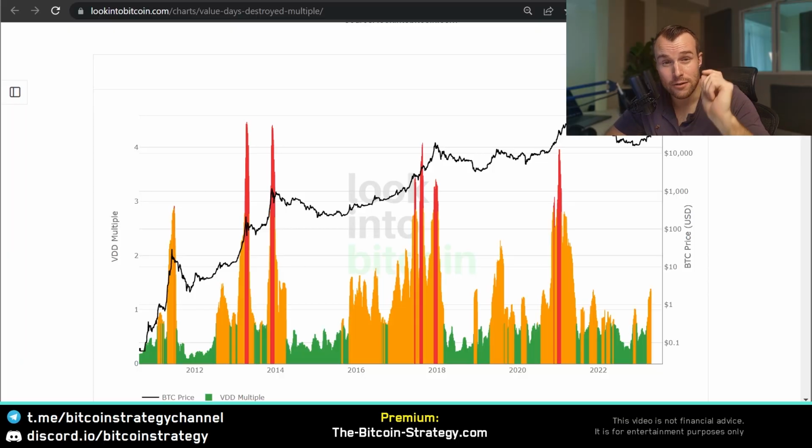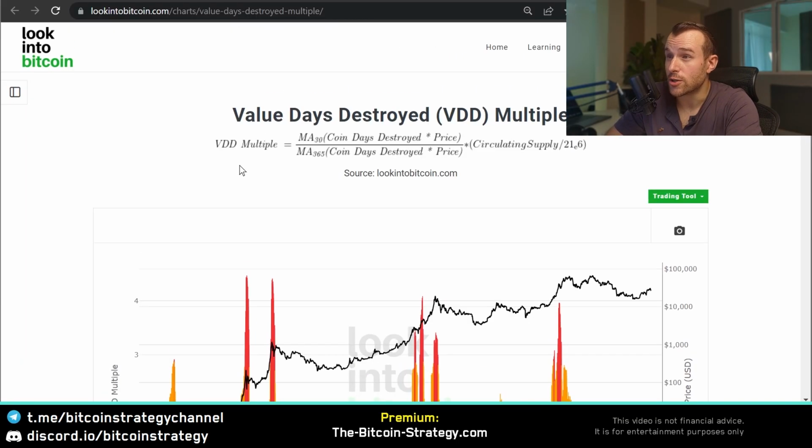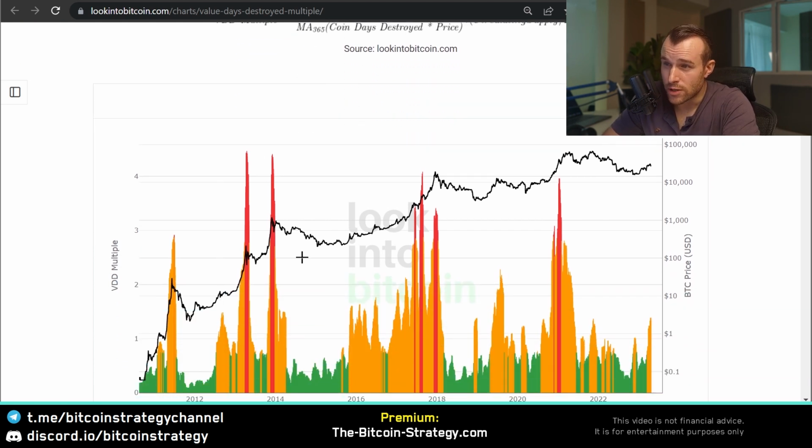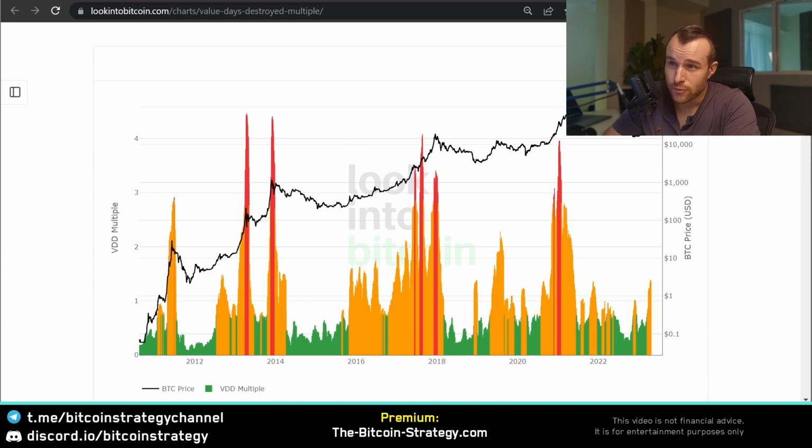And one way to figure out if currently a lot of movement is happening from long-term hands to short-term hands is the value days destroyed, or VDD. So this is a moving average of all of this, simply just to smoothen this out a little bit. But the idea here is the following. If you're holding Bitcoin, say you buy one Bitcoin and you hold this for 1 year and don't move it.